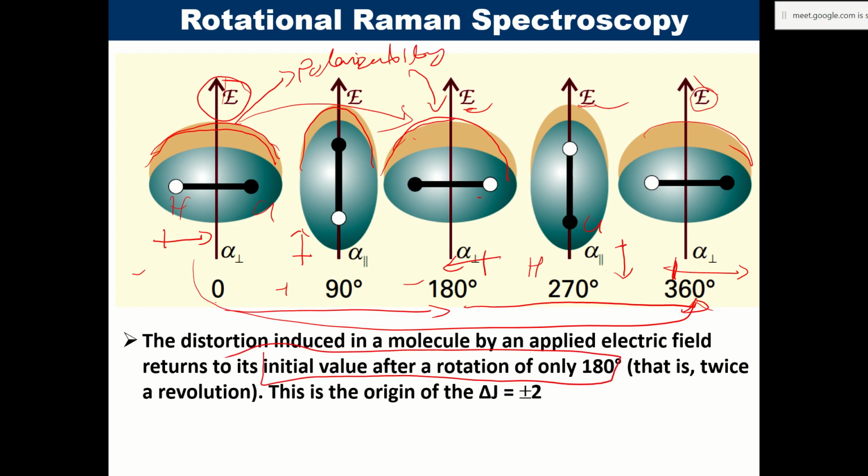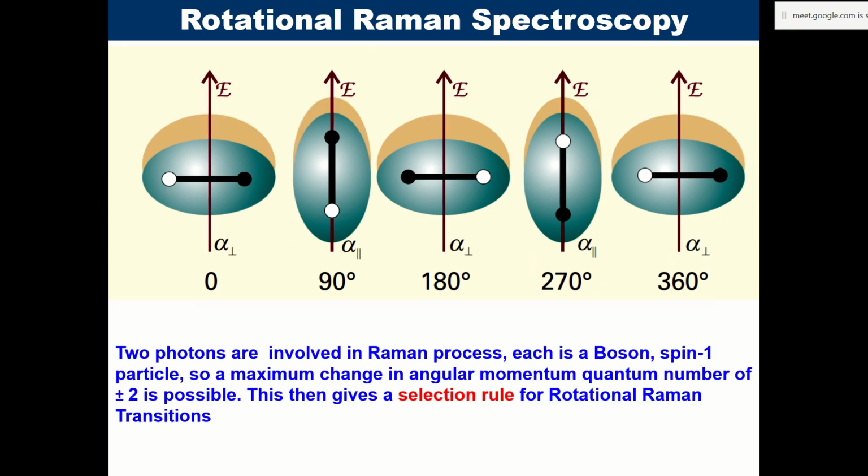So when you are taking one complete revolution, the polarizability changes are happening twice, and this is one of the reasons why we also have delta J. The change in quantum number in this case is plus minus 2.